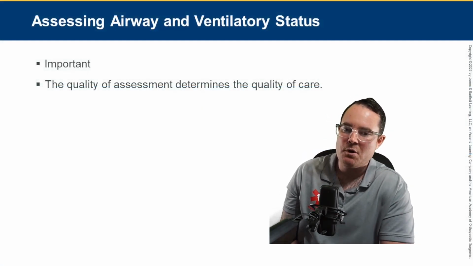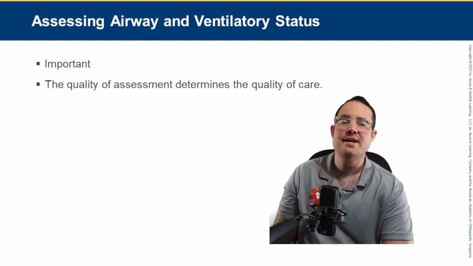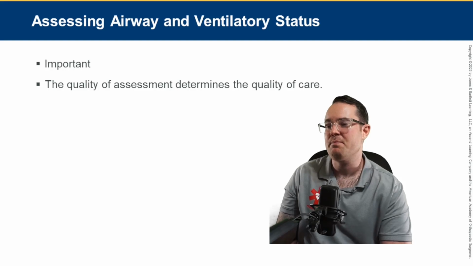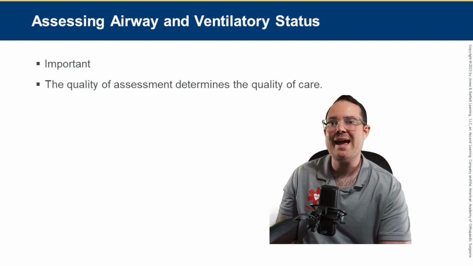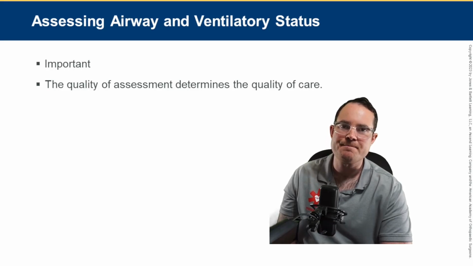All right. Assessing airway and ventilatory status is something that takes a little bit of skill and takes some experience. But please, for those of you who are in school, pay attention to your patient's respiratory rates and quality. I think we all know what shortness of breath looks like.